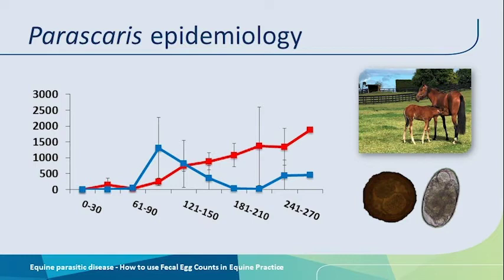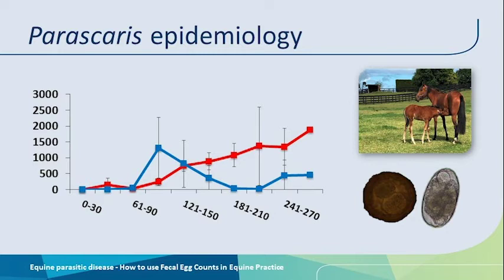So there's a mean egg count for a group of foals here for every month. What we notice is the peak at 4 months of age for ascarids, and then without any anthelmintic intervention or treatment at all, after that peak, the ascarid egg counts just steadily decline and eventually disappear.